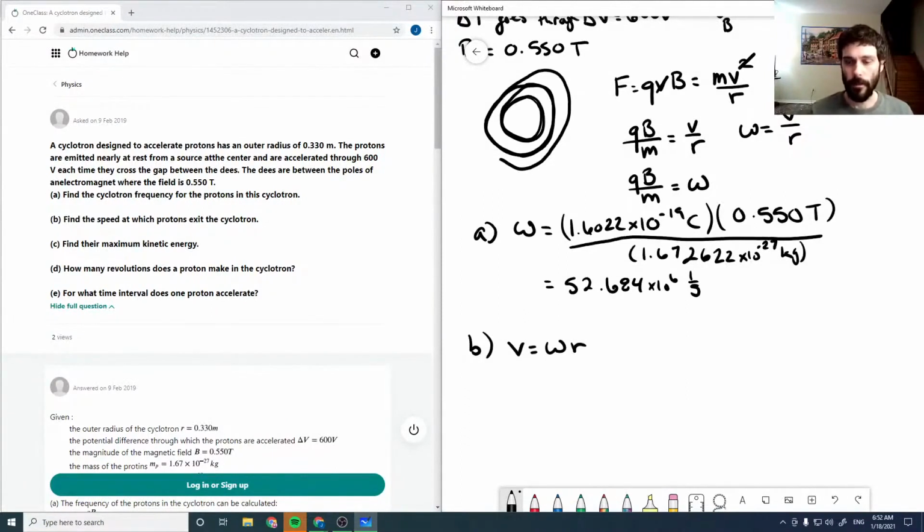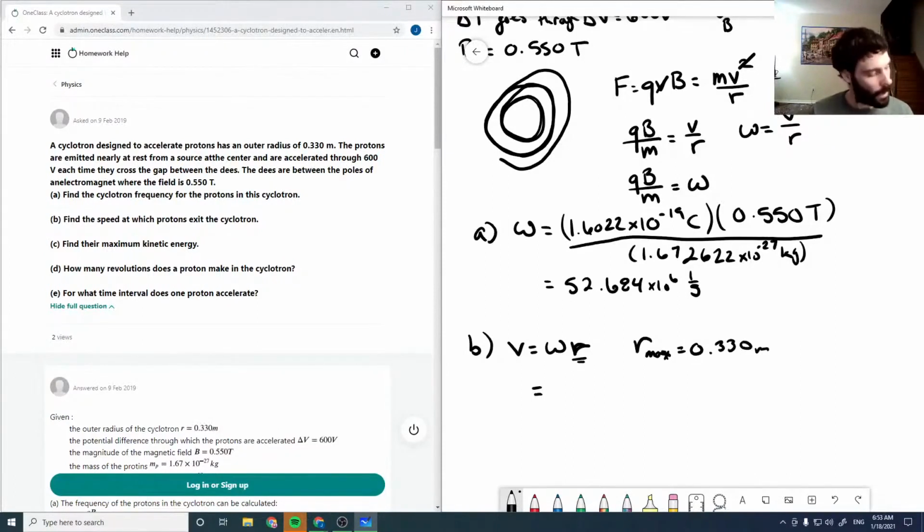It's still going to have the same cyclotron frequency because the charge, the B field, and the mass are constant. The only thing that's going to change is the radius at which it orbits. And at the maximum radius, our max is given as 0.330 meters.